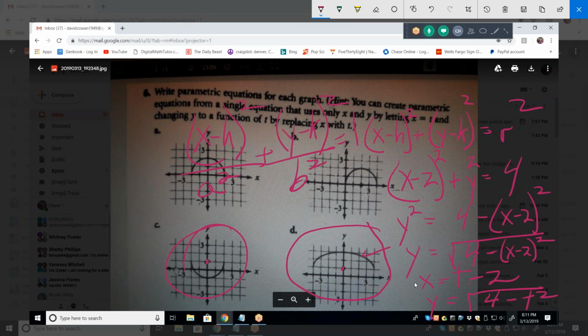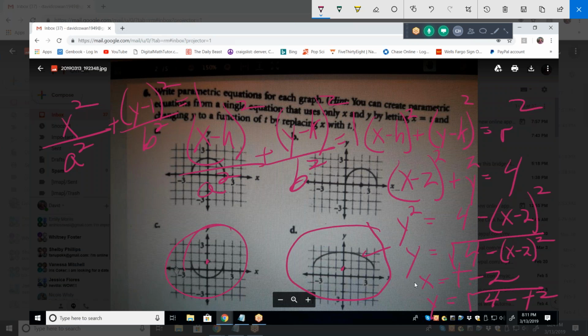In this particular D, the center is at (0, 1). So it's going to be x squared over a squared plus (y minus 1) squared over b squared equals 1.